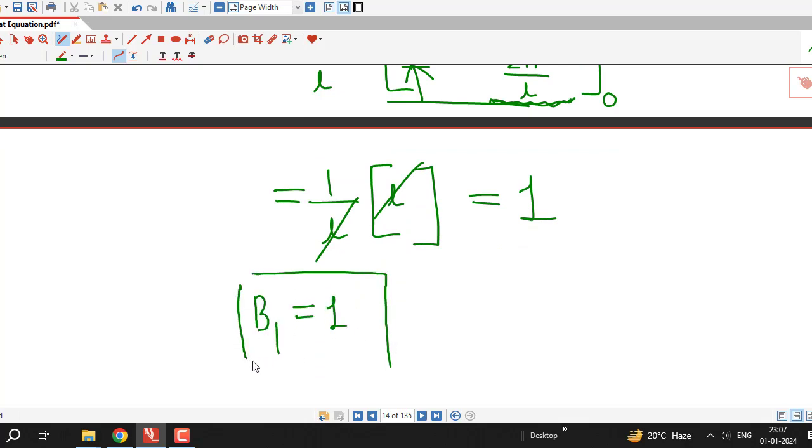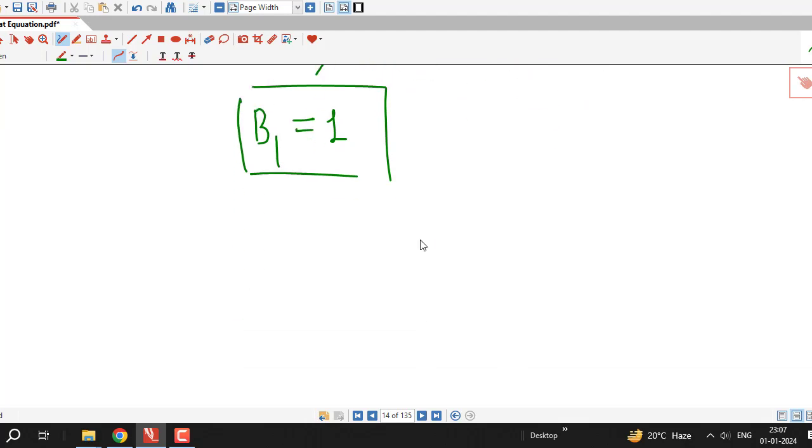So what we have obtained is b1 is 1 and bn is 0 for all values of n except 1. So finally we can write down the solution.